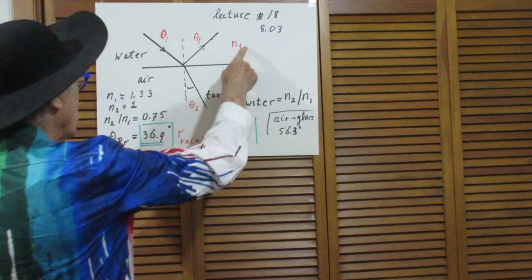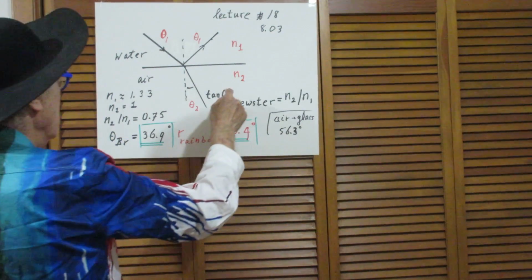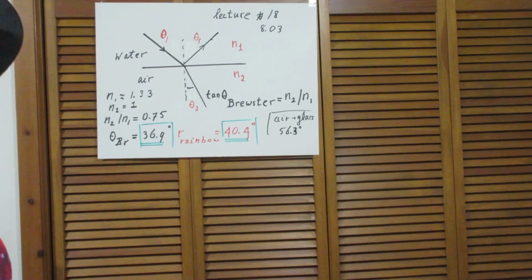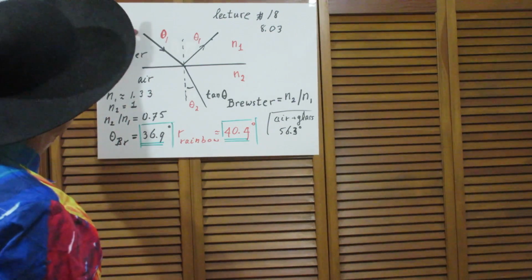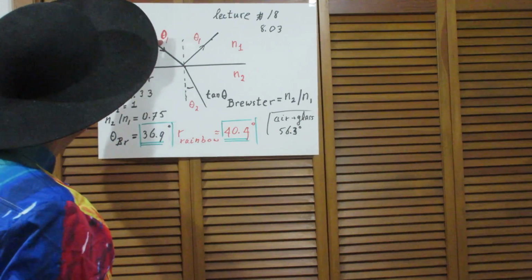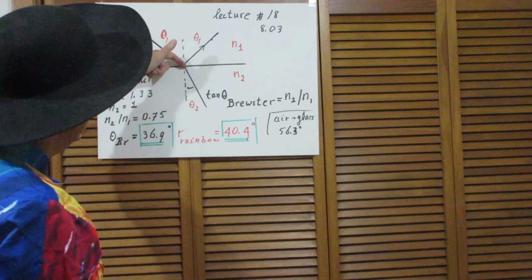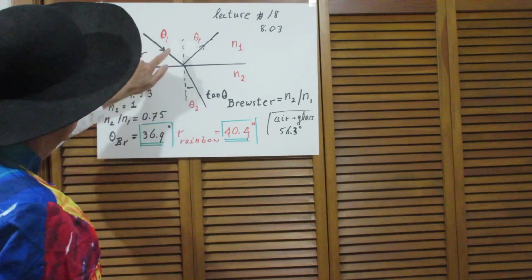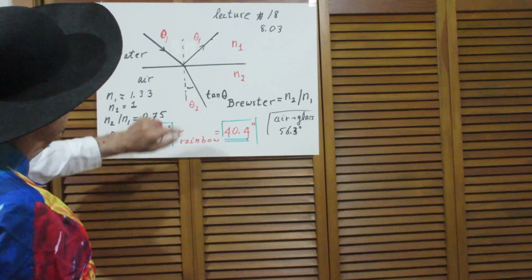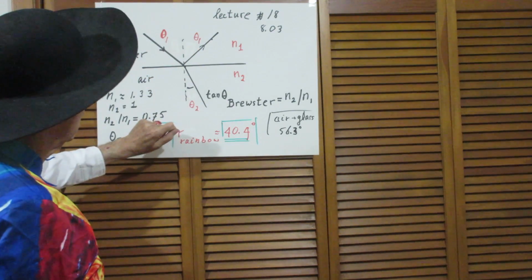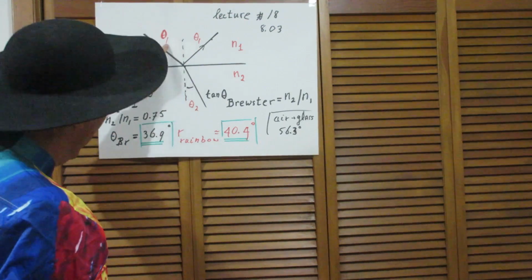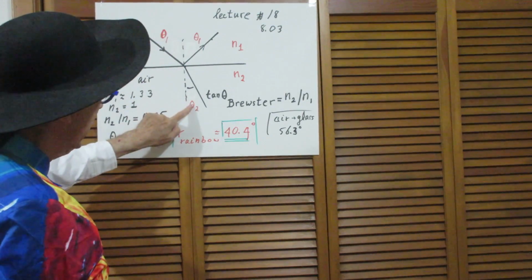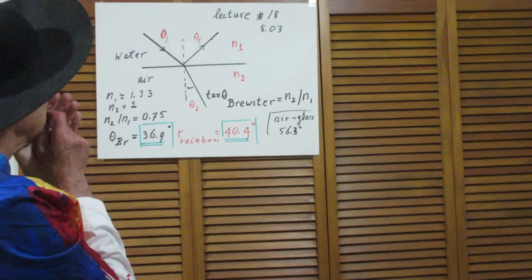Medium 1, index of refraction n1. Medium 2, index of refraction n2. Light comes in at an angle of incidence theta 1, refracts into medium 2, and this angle is theta 2, and they are connected: the sine of theta 1 times n1 is the sine of theta 2 times n2. Snell's law.